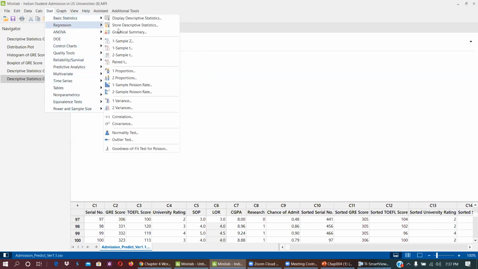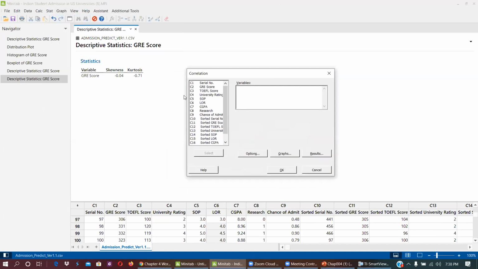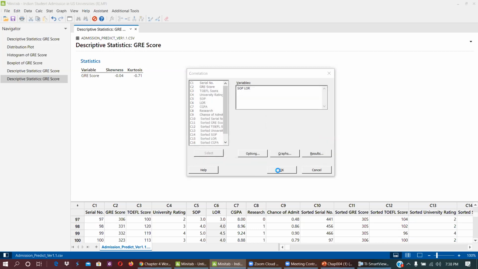Under Basic Statistics, you have Correlation at the bottom. Can you see this? Correlation is right there. Under correlation, let me see, two variables. So these are the two variables I have seen. Okay, let me do it right there.